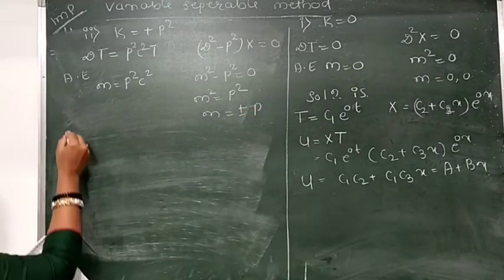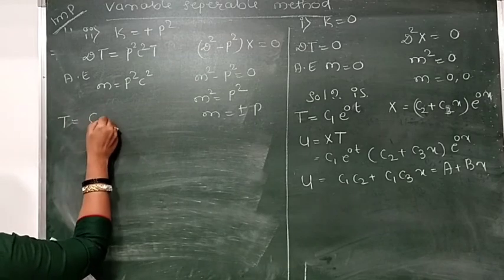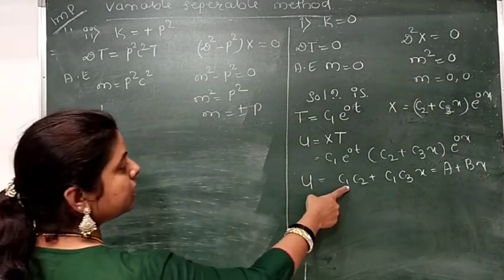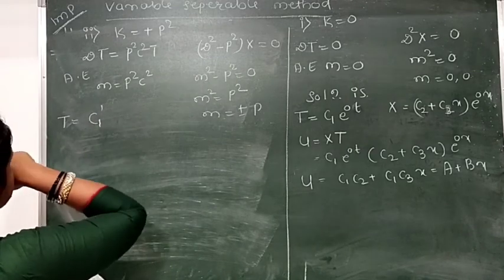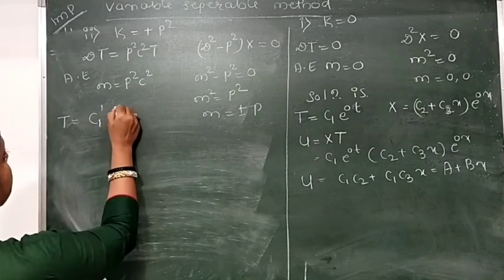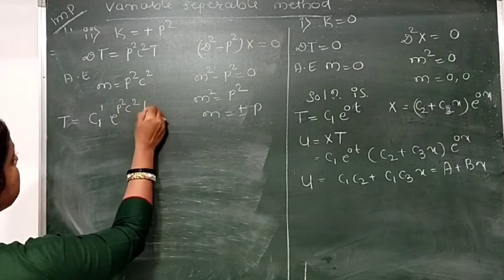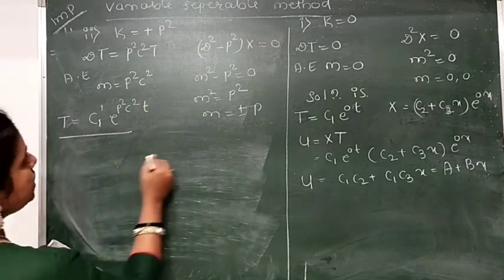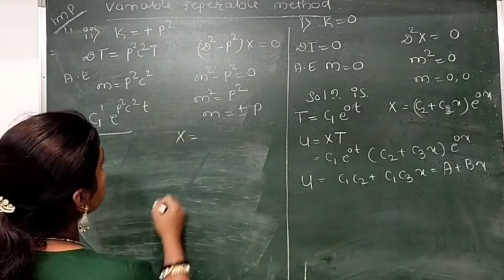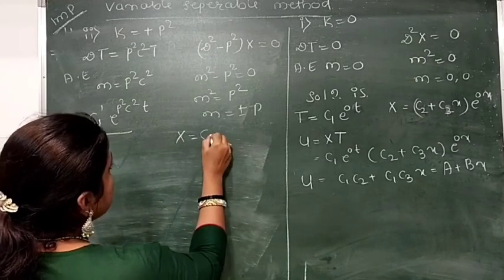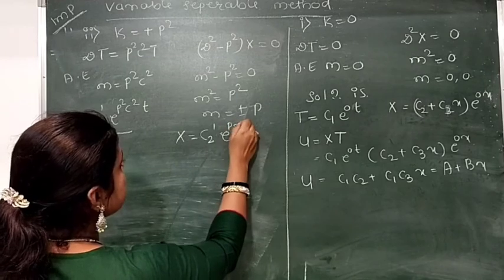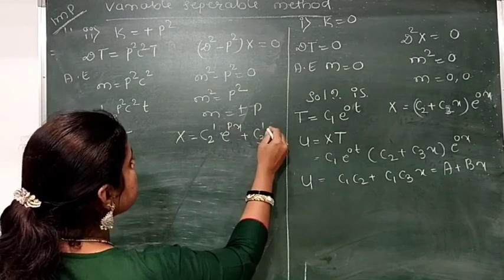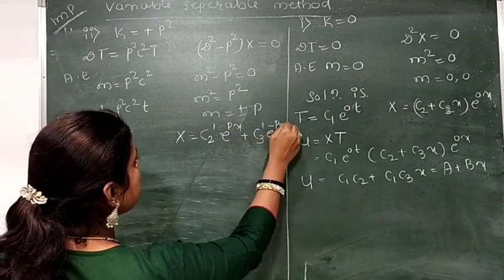Then we write the solution for t as c1' e^(p² c² t). Already we have taken c1, c2, c1, c3 here. This is for t. Now we write it for x: c2' e^(px) + c3' e^(-px).